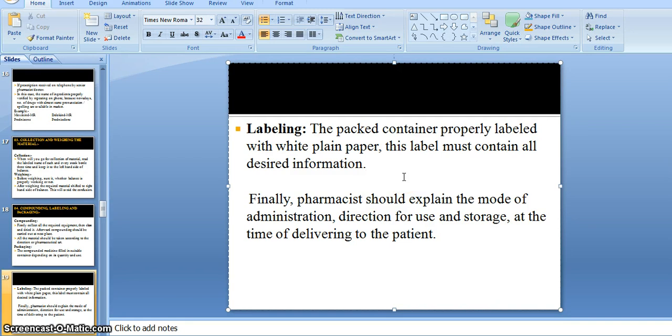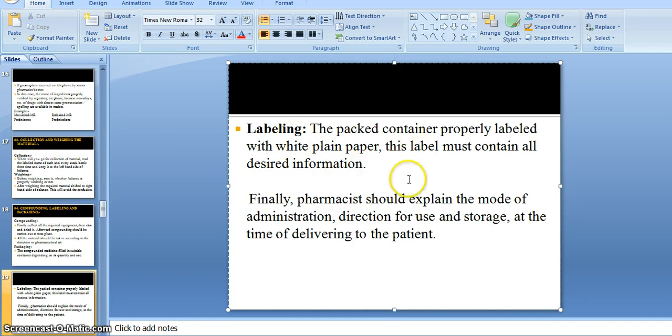That paper should contain all kinds of desired information, like the name of the ingredients used in that particular medicine, then expiry date, manufacturing date, then uses, then how it is used externally or internally, that is the route of administration. Then MRP. All that information should be included in the labeling.